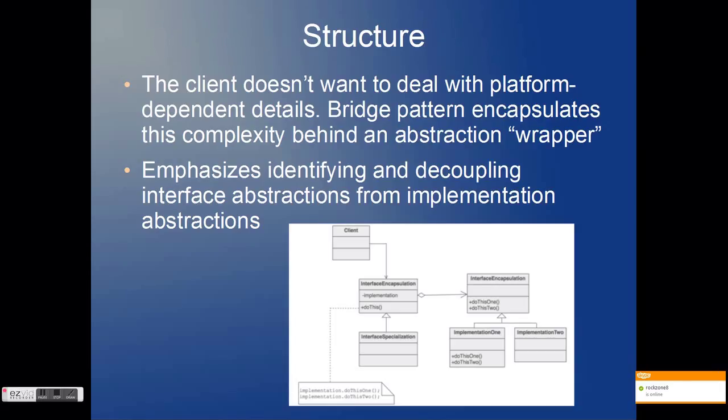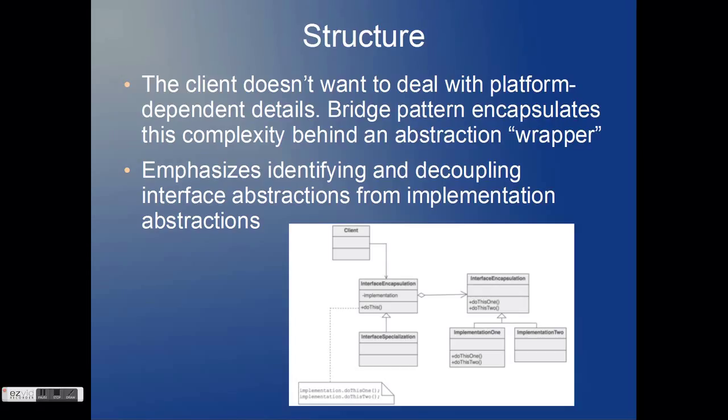We have the client, which goes to the interface encapsulation, which has the implementation in it, and it has the interface specialization going to it. The interface encapsulation gets the information from the other encapsulation that has the different implementations going to it. So basically, the main interface encapsulation incorporates the other one into it and implements it. And the one connecting them is what we call the bridge.